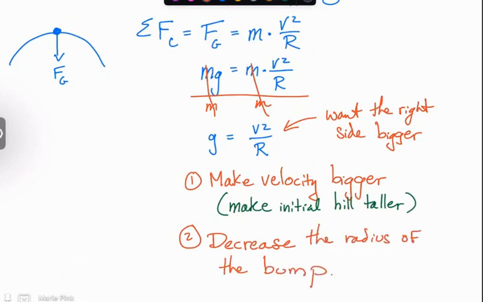This makes sense. If you guys have ever gone over a speed bump, there's those really giant speed bumps that are really huge, wide, like you can have a whole crosswalk on the top of the speed bump. You know what I'm talking about? And then there's the little speed bumps that are like a foot wide and like 6 inches tall. Those ones, you will feel your car go ka-chunk and the tires leave the ground unless you're going really slow.